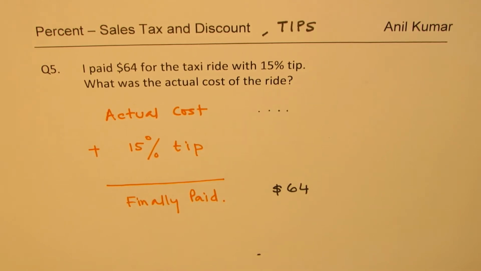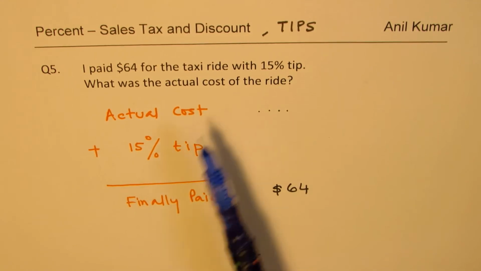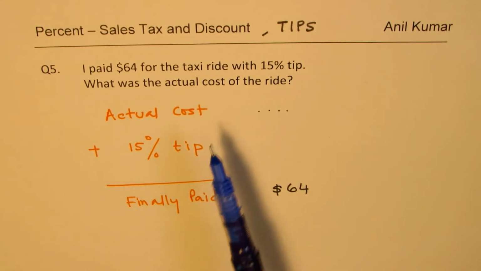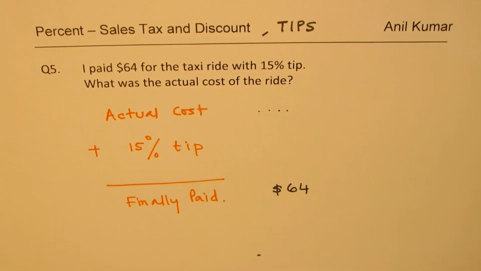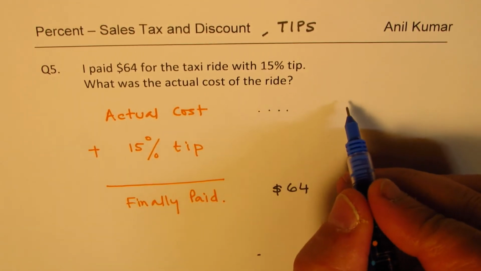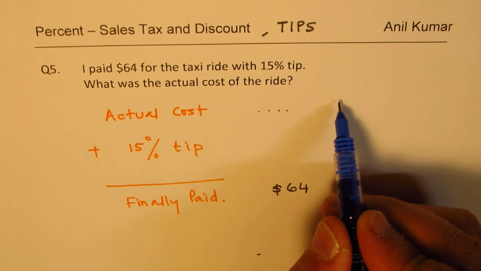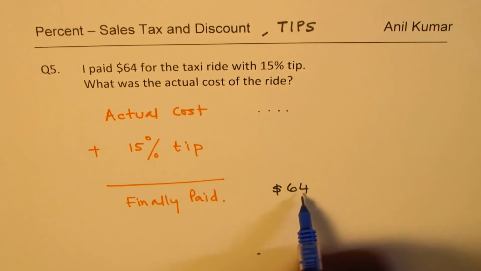Okay, so let's see how to do this particular question. Now if you think about it, we have paid something which is 15% more than the cost, right? So if the cost was a particular amount, this is 1.15 times, right?